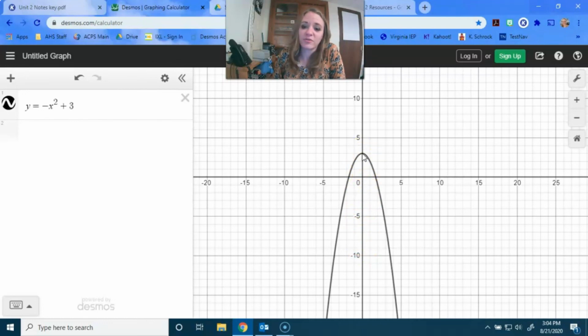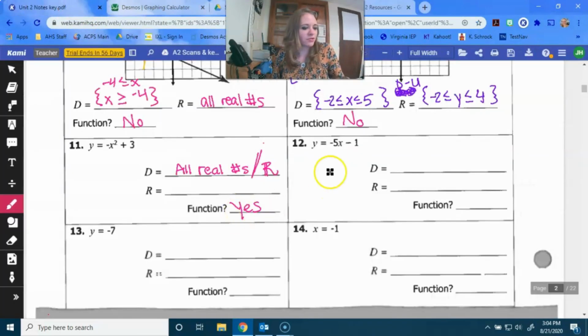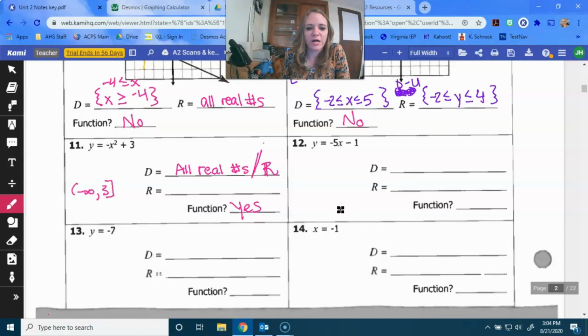It's going to stop at 3. And then I don't have anything else up here. So I have to show that it stops at 3. It starts at negative infinity, and then it stops at 3. So if you wanted to think about this in interval notation, it looks like this. And then it doesn't have a hole, so you can put a bracket because it's equal to 3.